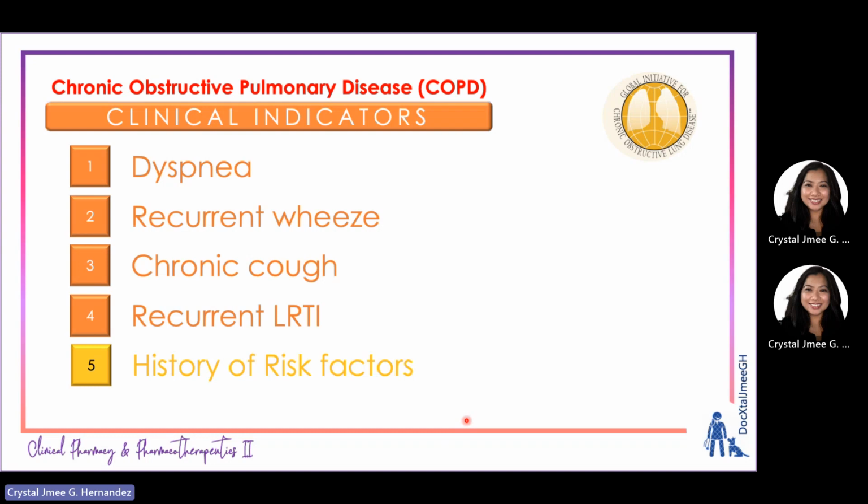Occupational dust, vapors, fumes, gases, and other chemicals. And of course, host factors such as genetic factors. Remember, we have a genetic link to COPD, and developmental abnormalities in terms of childhood development, such as low birth weight, prematurity, childhood respiratory infections, and the like. These are further details of the clinical indicators that we need to investigate.